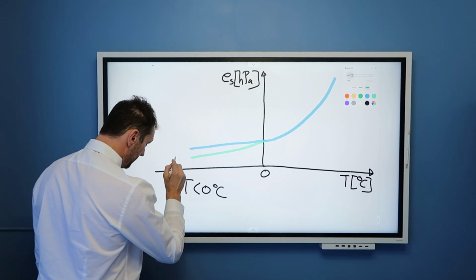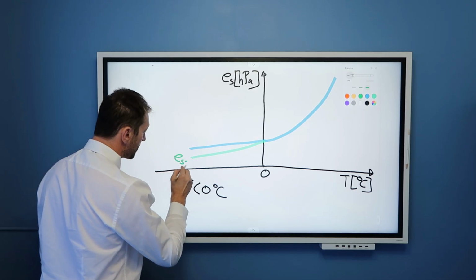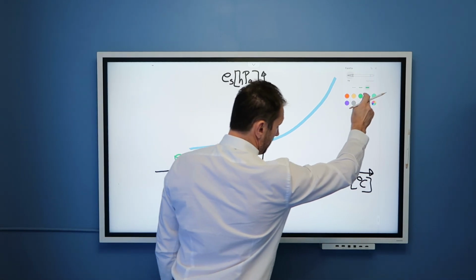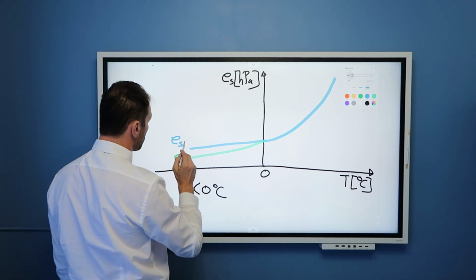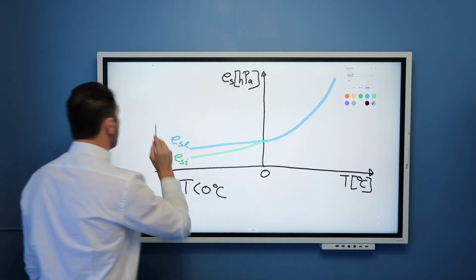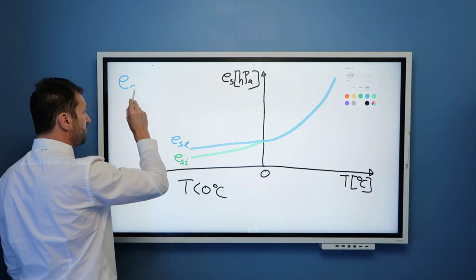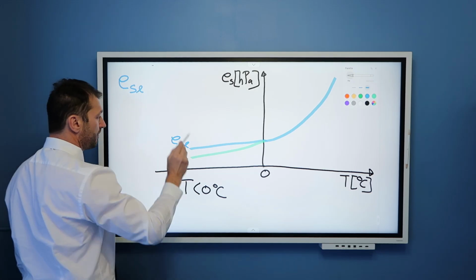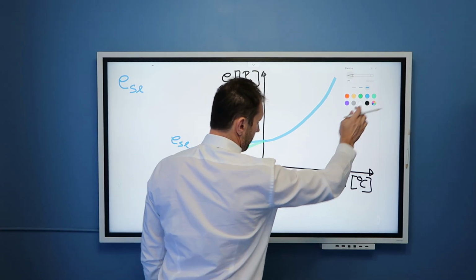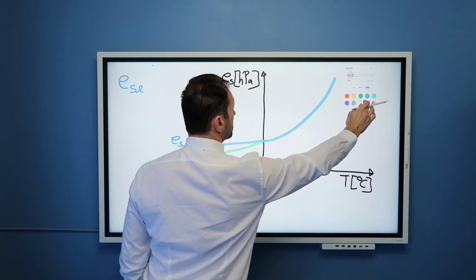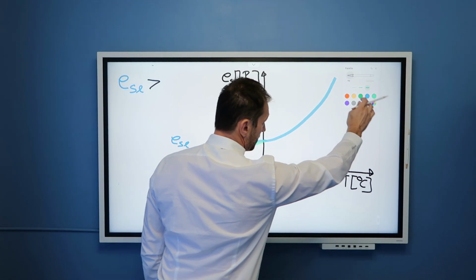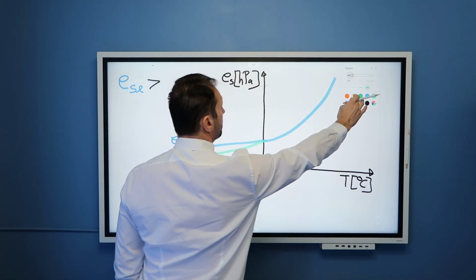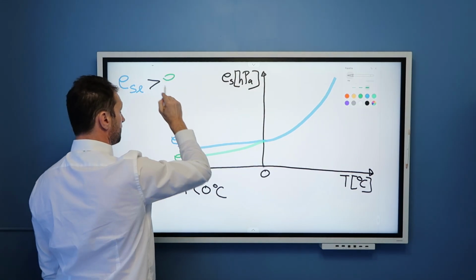This over here is the saturation vapor pressure over ice, and this over here is the saturation vapor pressure over liquid water. And the saturation vapor pressure over liquid water, as you can see from this relationship, is larger than the saturation vapor pressure over ice.